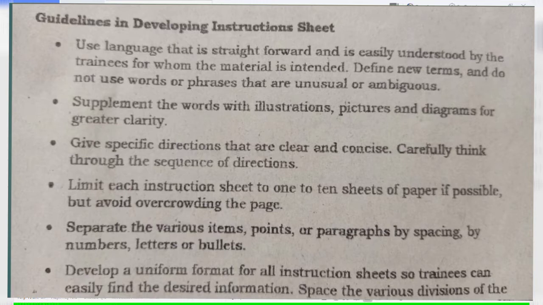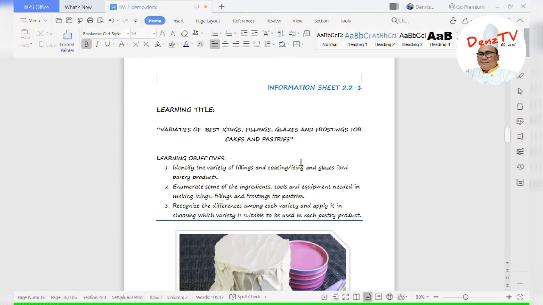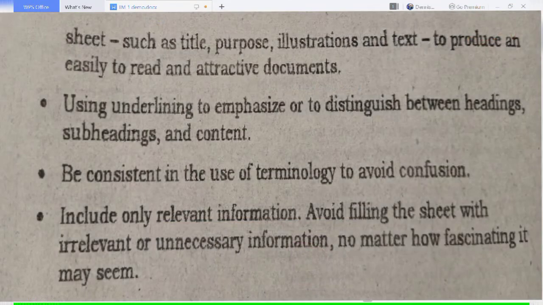Space the various divisions of the sheet such as title, purpose, illustration, and text to produce an easy to read and attractive document. Use underlining to emphasize or distinguish between headings, subheadings, and content.